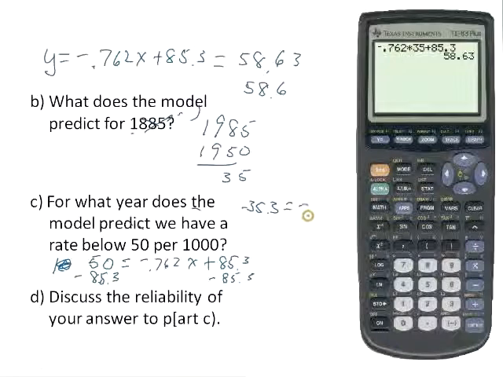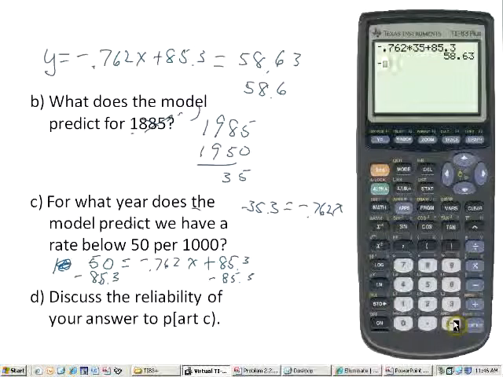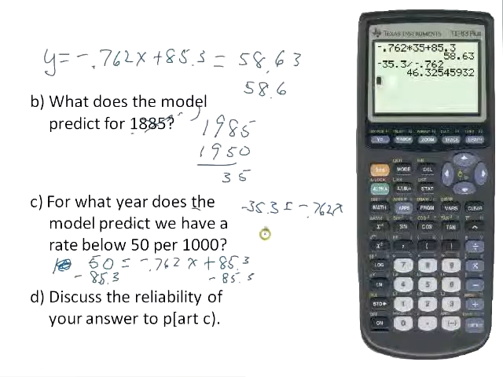And that's equal then to the negative 0.762 times the x. Now on the calculator, let's do this computation. I'm going to take negative 35.3 divided by negative 0.762. If we hit enter, we got an answer of about 46.